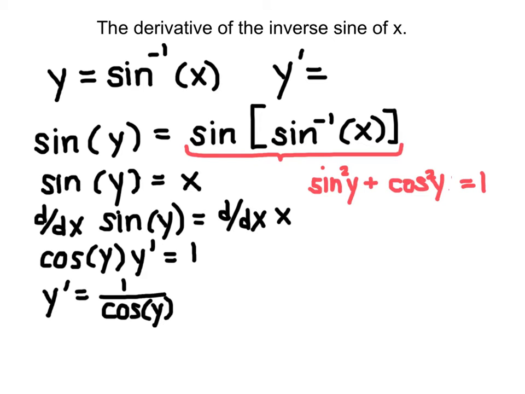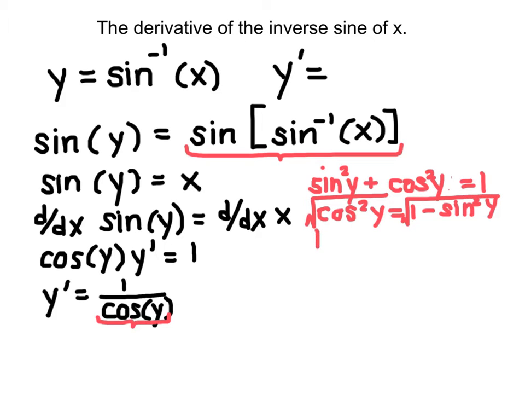And so what we want to do is solve for the cosine of y using the first trig identity. If we subtract the sine squared y from both sides, we get cosine squared y is equal to 1 minus sine squared y. If we take the square root of both sides, the square root of a perfect square is the absolute value.